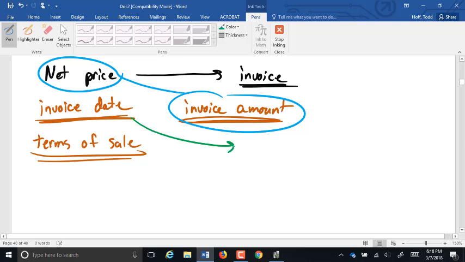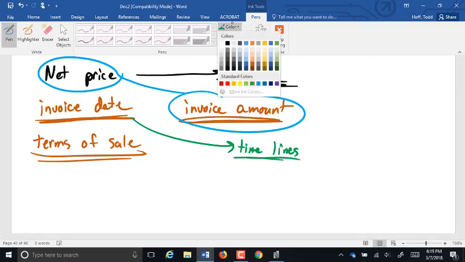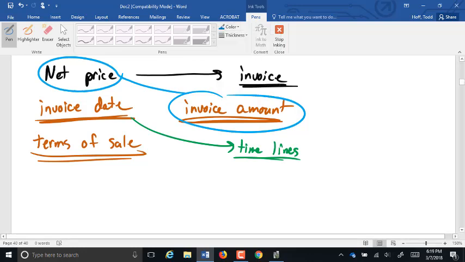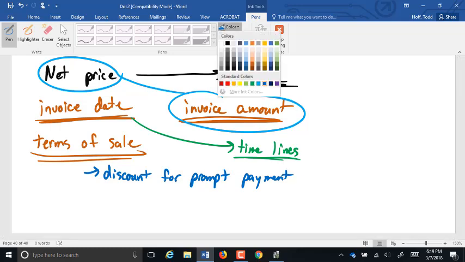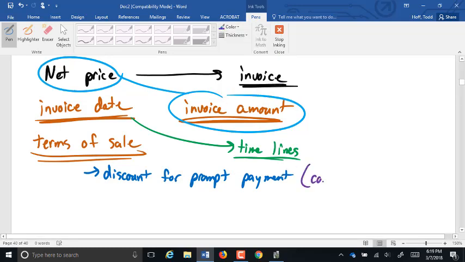The invoice date is going to start some timelines that we're going to discuss in the next hour. The terms of sale are the important piece. The terms of sale define a couple of things. If there is a further discount beyond the trade discount for prompt payment, this is called a cash discount.